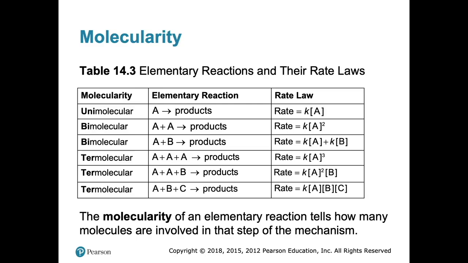Individually, with respect to each reactant, they're first order, but altogether they're third order reactions. So you could say the overall reaction order for unimolecular is first order, the overall for bimolecular is second order, and the overall reaction order for termolecular is third order. Make sense?